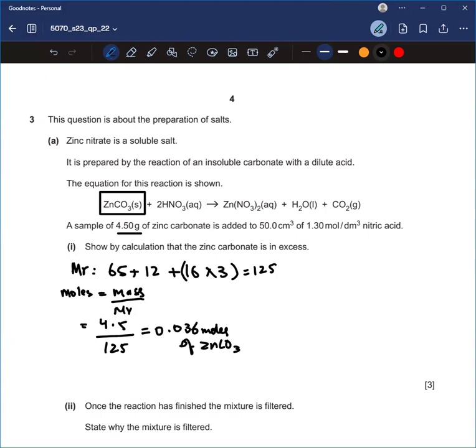We aren't done yet because they have asked us to show that zinc carbonate is in excess. How can we show that? By comparing the moles of nitric acid. Here we are given the volume and the concentration of nitric acid.